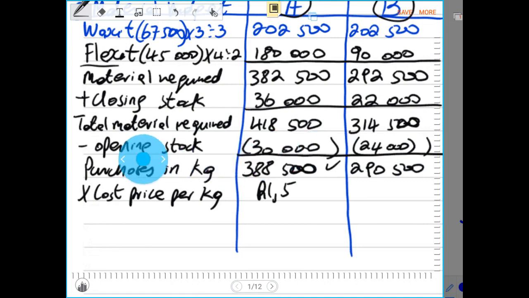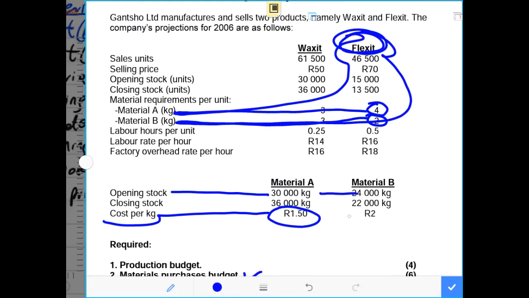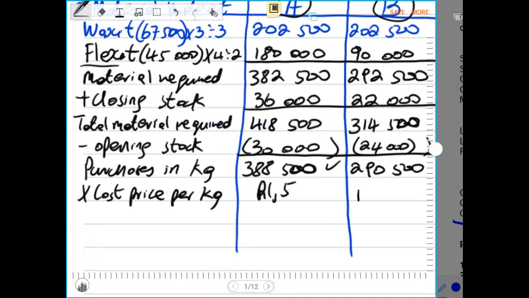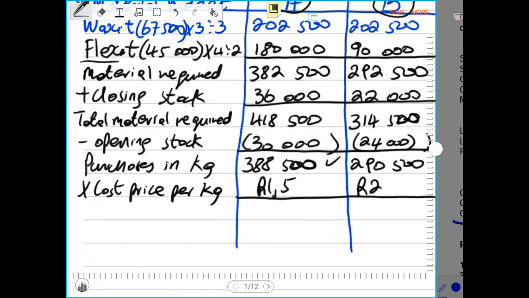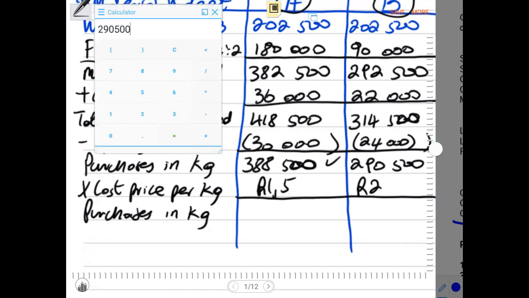Material B is bought at R2 per kg, so we multiply by R2: we need to buy 290,500 kgs at R2. How much will we have to pay at the end of the day?